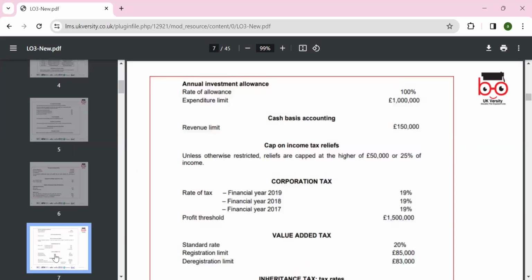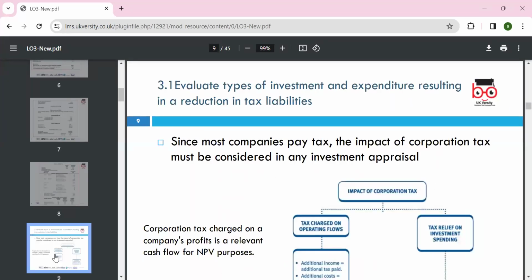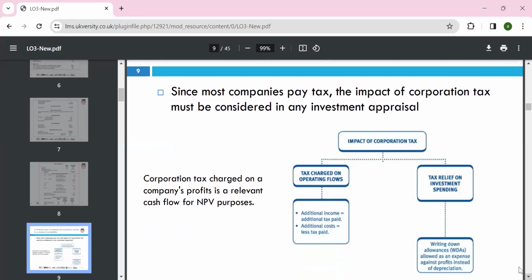Annual investment allowance rate, expenditure limit, revenue, capital gains tax, normal rate, lower and higher incomes. And we have 3.1, evaluate the type of investment and expenditure reduction in the tax liabilities. Since some companies pay tax, the impact on corporation tax must be considered in any investment appraisal, so we can appraise the tax element in the investment appraisal as well.